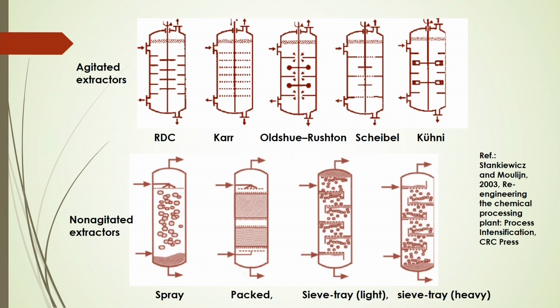Agitated extractors may be the rotating disc column, maybe some other column like the vibrating column, and also the Kühni column, Scheibel extraction column, and also the Rushton extraction column.